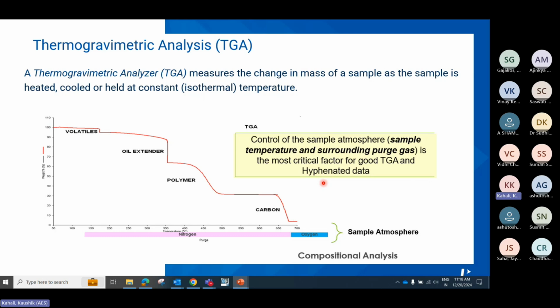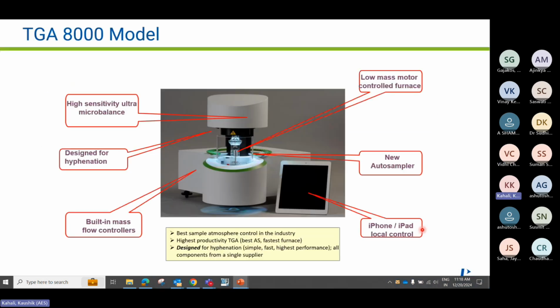The gas is also a very critical factor for TGA, because if there are interferences from unwanted gases or any leakage, that may hamper the measurement, so that also needs to be taken care of. So TGA is basically a compositional analysis.